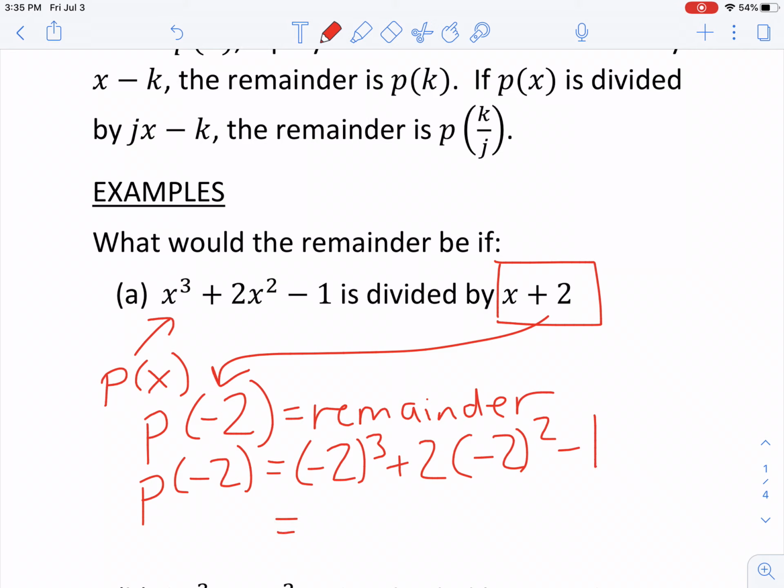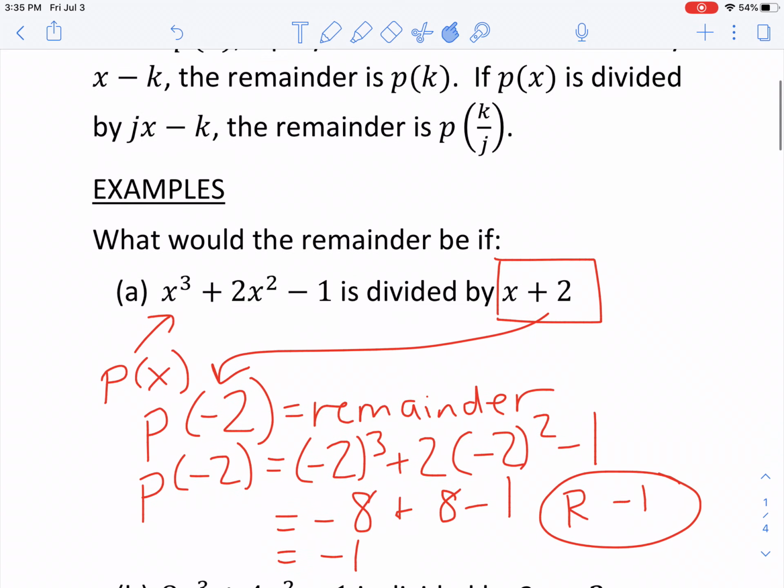And we're going to end up with negative 8 plus positive 8 minus 1. So the negative 8 plus 8 cancel out. I'm just left with a remainder of negative 1. And I did that directly without having to go through the whole process of polynomial long division.